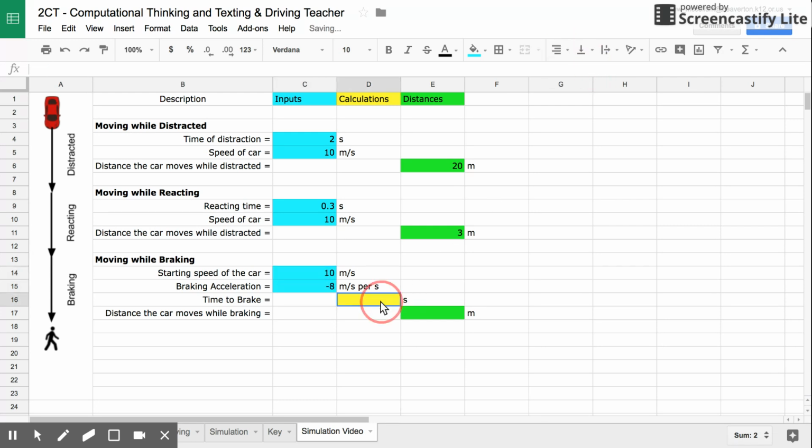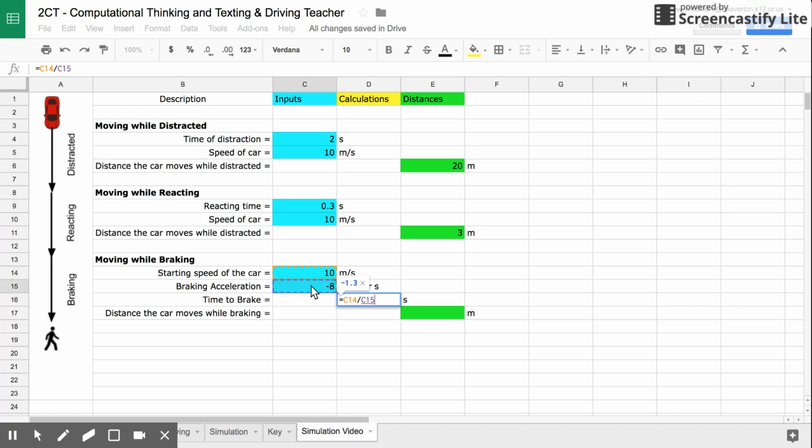All right, next is my time to brake. And to find my time to brake, we did this before. I'm going to hit equal sign, and I want to take the starting speed of the car and divide it by the braking acceleration.